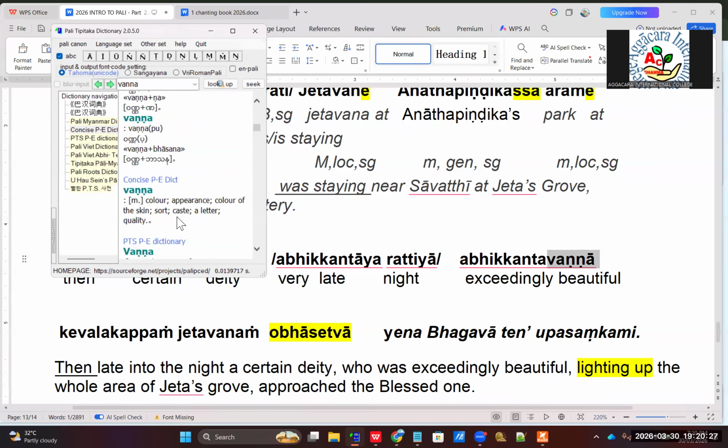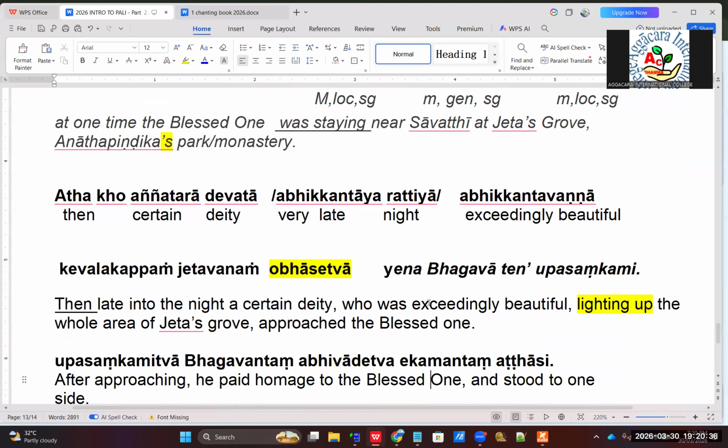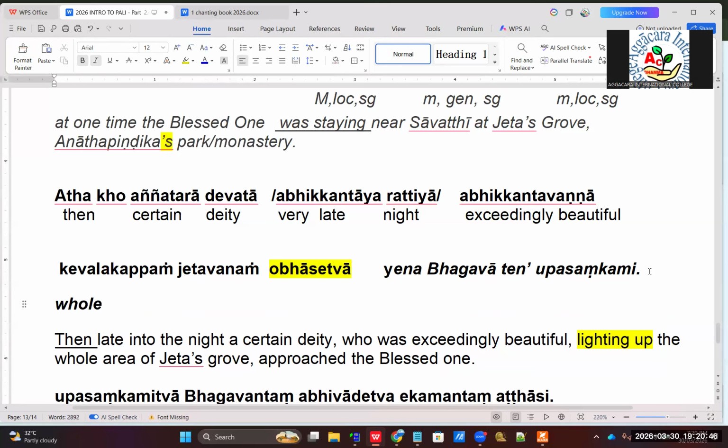Sometimes it also means caste. Sometimes it also means letter, one letter. So it has a few meanings here. Here it means beautiful. All right. So Kewala. Kewala means Kewala kapam, whole area. Jetawana means Jetawana.